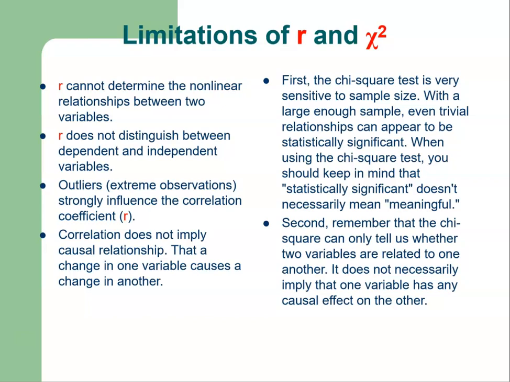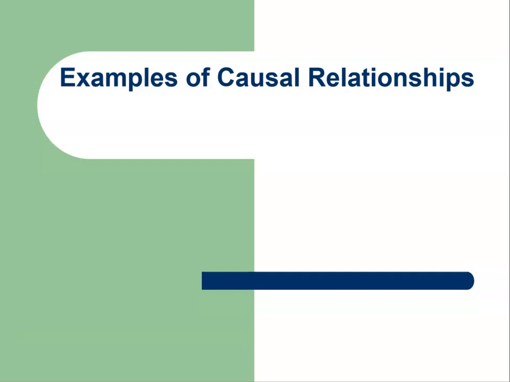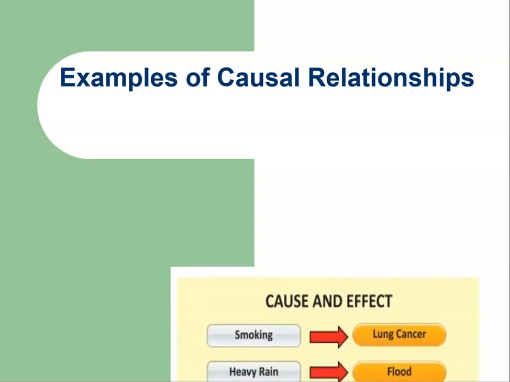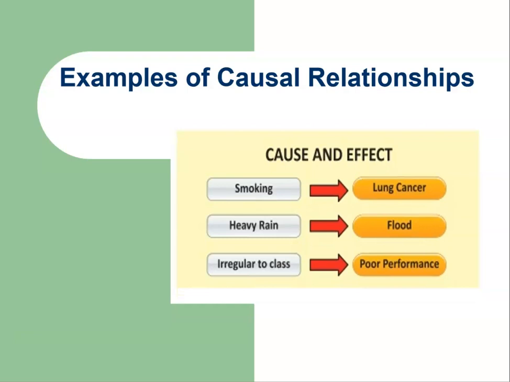So the question is, what do you mean by causal relationship? I'll give some examples of causal relationships, where we can see a cause and effect relationship between the variables. Smoking causes lung cancer. So this is a kind of cause and effect relationship.